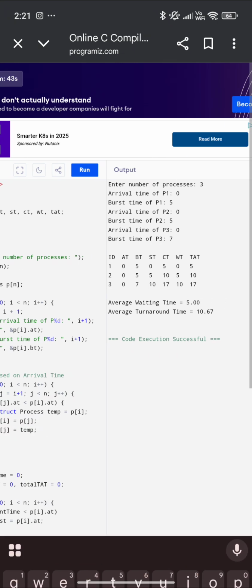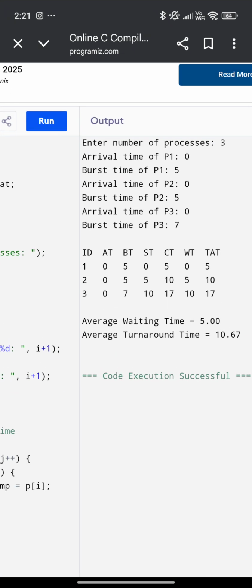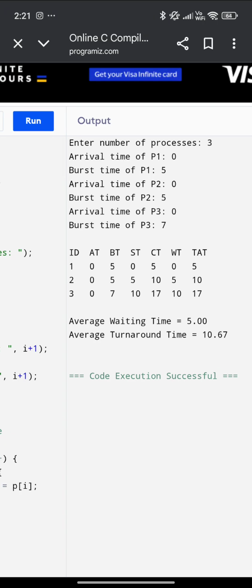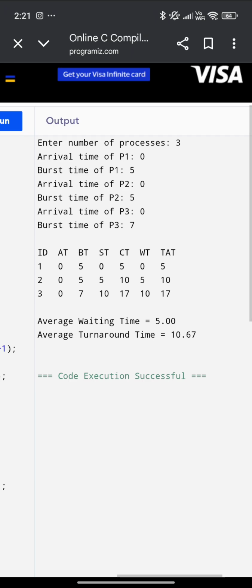And when we run this whole thing, here will come ID, meaning number. Arrival time is 0. Burst times of the processes are 5, 5, 7. And the starting times are 0, then 5, and then 10. The completion times are 5, 10 and 17. Waiting times are 0, 5 and 10. Turnaround times are 5, 10, 17.